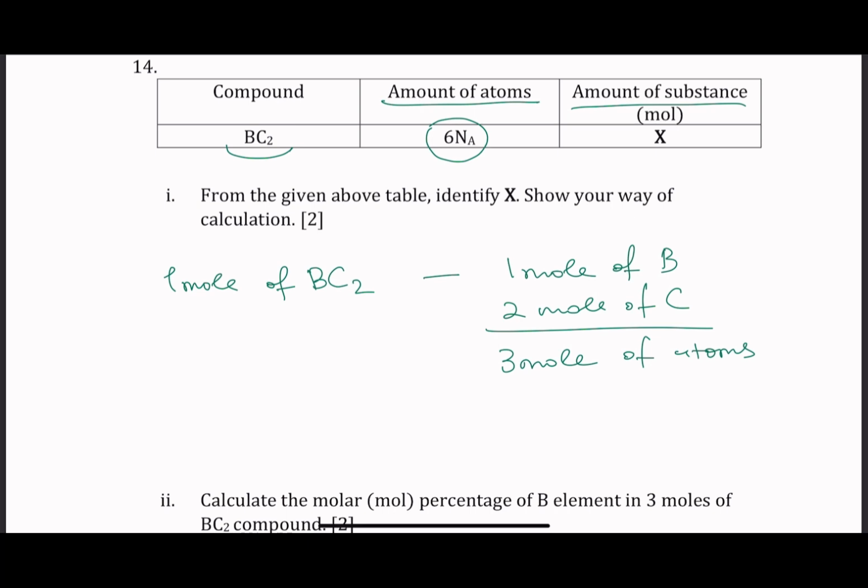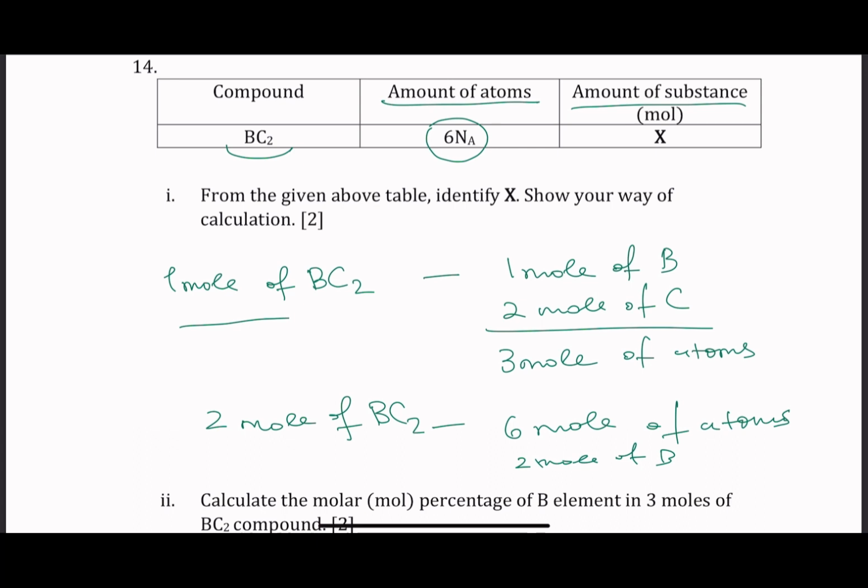So now, if you have 6 moles of atoms, you can automatically see that in this case it would be 2 moles of BC2, because you will have 2 moles of B and then 4 moles of C, which will add up to 6 moles. That's why the X would be 2 mole.